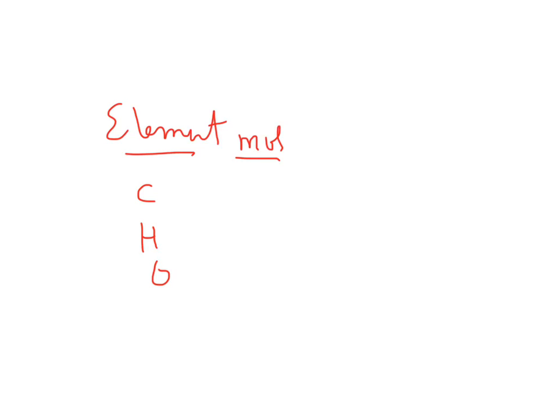I'm going to go ahead and set up a little table here, as I usually do. Element. I got 3 elements: carbon, hydrogen, oxygen. Number of moles that we got on the last few slides. I've jotted them down because I wouldn't remember.